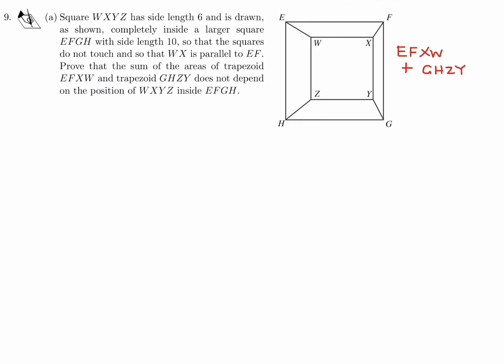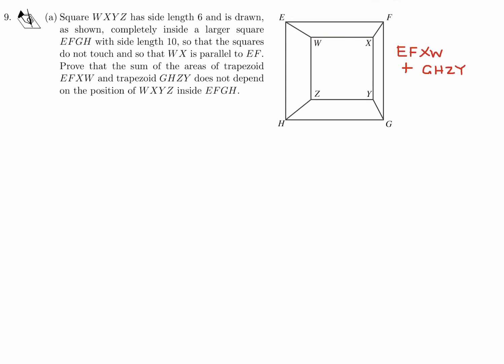They want you to prove that the sum does not depend on the position of this square, meaning that the square is currently where it is, but if you moved it down to here, that sum would remain the same. If you move the square over here, that sum would be the same, and so on.